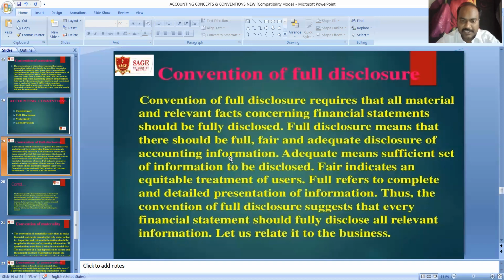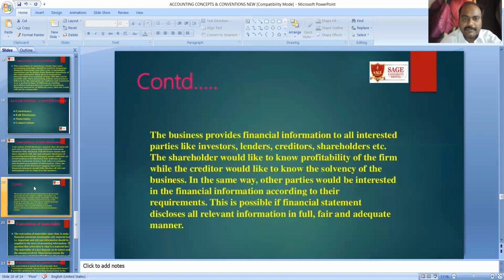all relevant information. And let us relate it to the business. That is, the business provides financial information to all interested parties like investors, lenders, creditors, shareholders, etc. The shareholder would like to know the profitability of the firm, while the creditor would like to know the solvency of the firm. In the same way, other parties would be interested in the financial information according to their requirements.